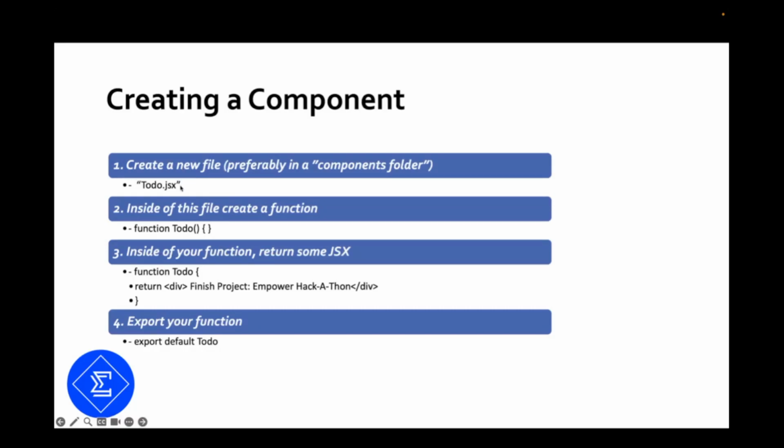We called it to-do.jsx. Inside this file, we create a function, and we called our function ToDo. Inside your function, you're going to return some type of JSX. In here I said return finish project and power hackathon, and then you're going to export your function.